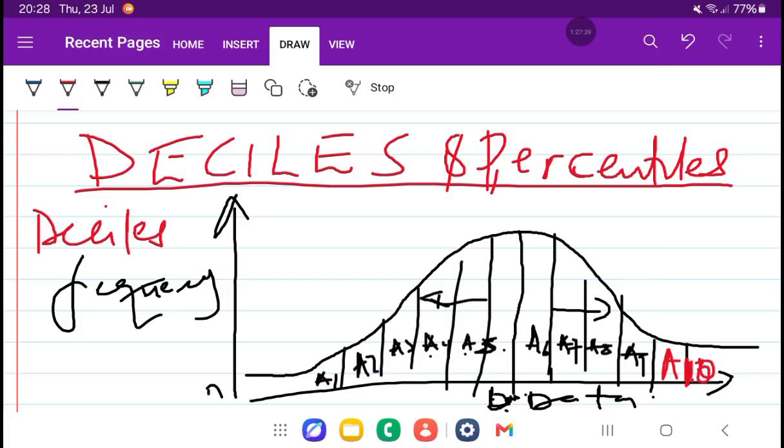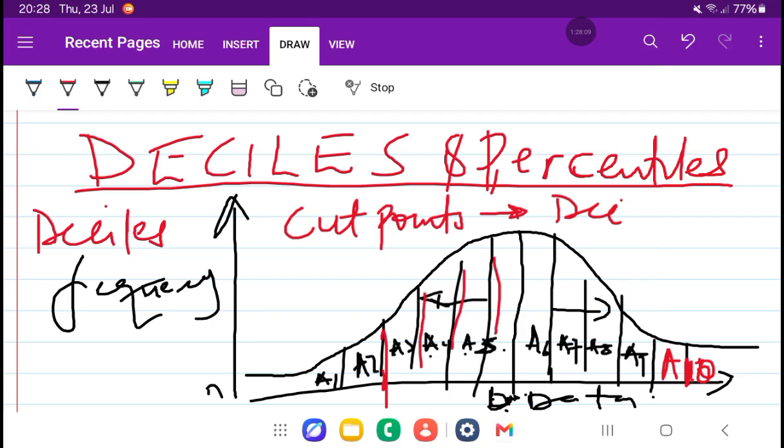It means that we have divided this data set into 10 cutoffs. And each of these cutoffs, the cut points, are the ones that we call the deciles. These cut points, these ones, they are the ones that we call the decile.